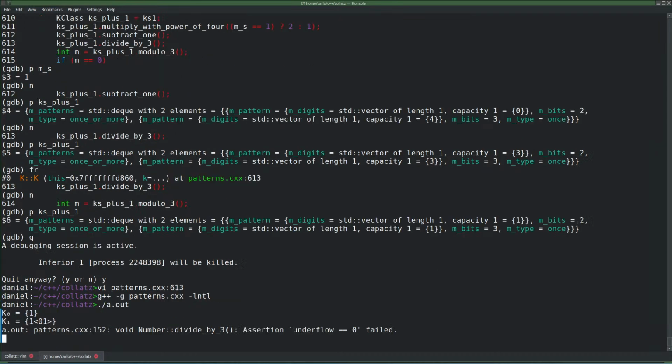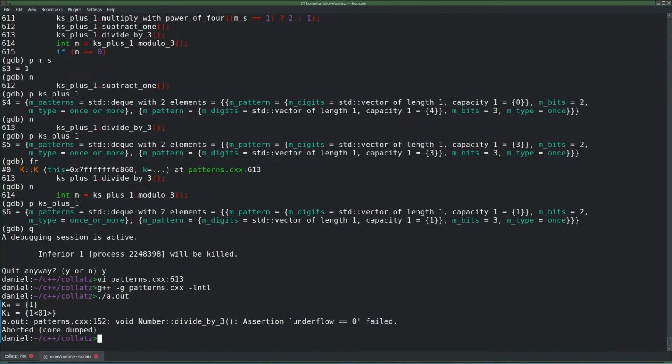Just run a.out. Yep, divide by 3 failed. It still failed, as it were. So let's run it in the debugger and see what exactly it's trying to do now.